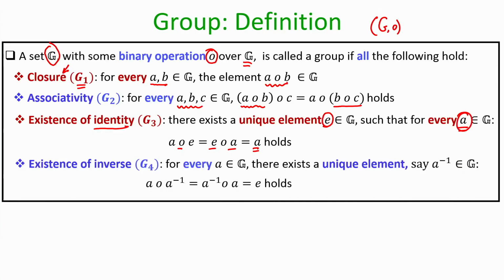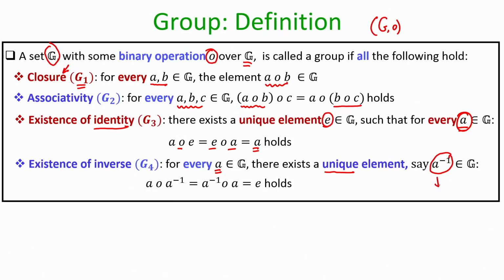The fourth and the last property which you require from a group is that of existence of an inverse element, which demands that you take any element a from the set big G, corresponding to that there should exist a unique element which I denote by a power minus 1, and that element a power minus 1 also should be present in my set big G itself, such that the result of the group operation on a and a inverse is your identity element.